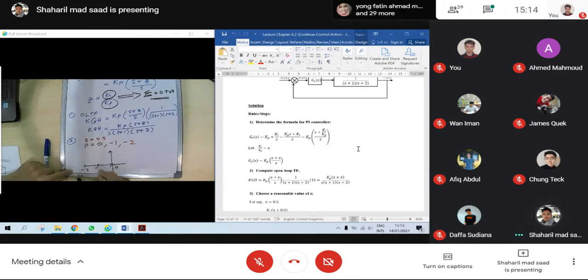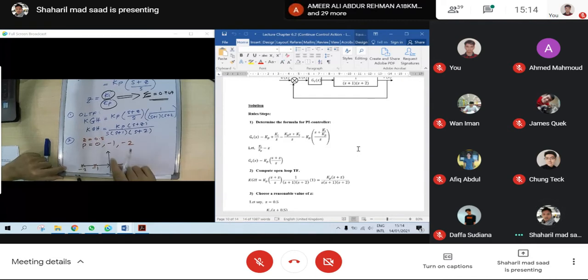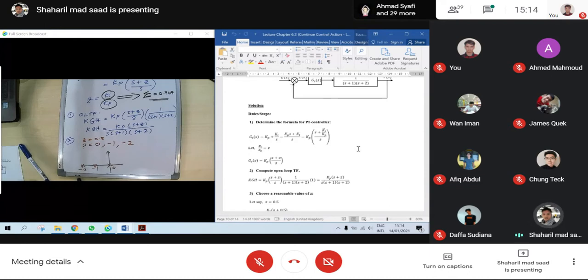So where are you going to put the zero? Sorry, this is going to be minus. Why do you choose 0.5? Actually, you can choose 0.1, 0.2, 0.3, as long as it is on the minus side.